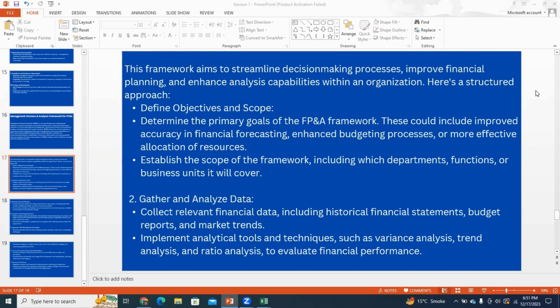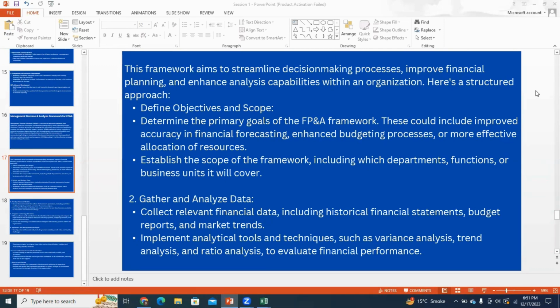We have to establish the framework according to different departments, functions, and the business units it covers. A framework means a complete guidance on how we can prepare things, how we can allocate the cost, how we can do budgeting and forecasting. So guidance is an essential need for a financial modeler, a financial analyst, and an FP&A analyst.